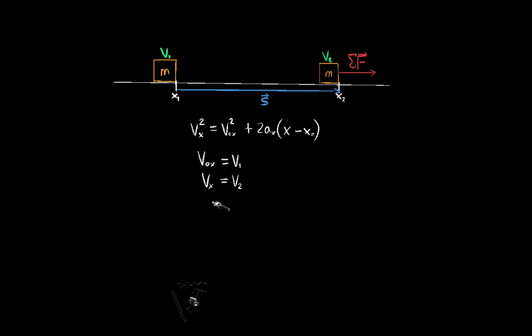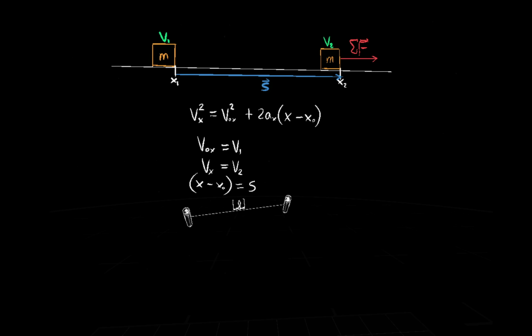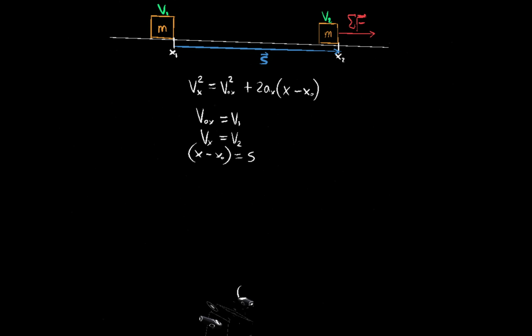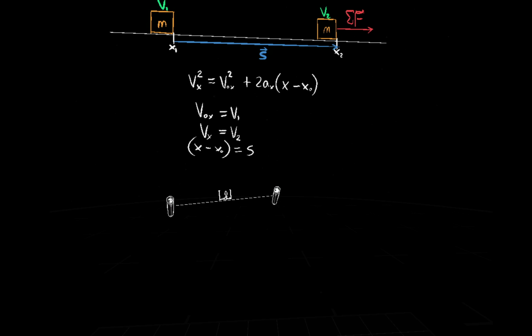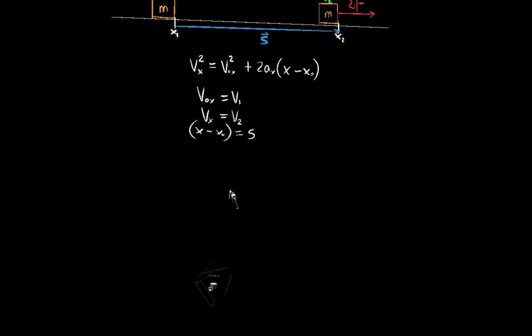And this whole x minus x naught quantity, we're going to call s, because that's displacement, right? x2 minus x1. So if we make those substitutions, then what we're left with is v2 squared is equal to v1 squared plus 2 a_x s.